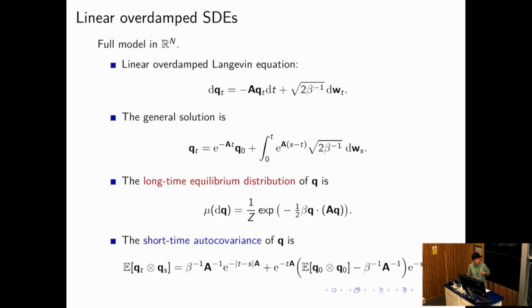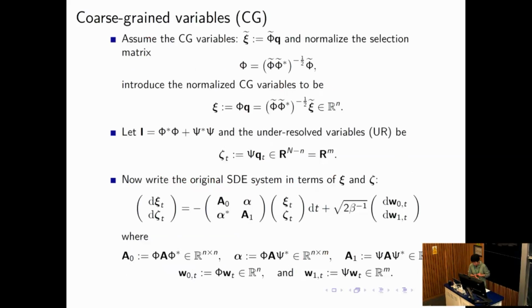Suppose we have a linear mapping that maps the entire degrees of freedom to the coarse-grained one, denoted by Ξ tilde. This is just a mathematical trick, because initially you just have an arbitrary linear mapping that projects the full degrees of freedom to the resolved one.